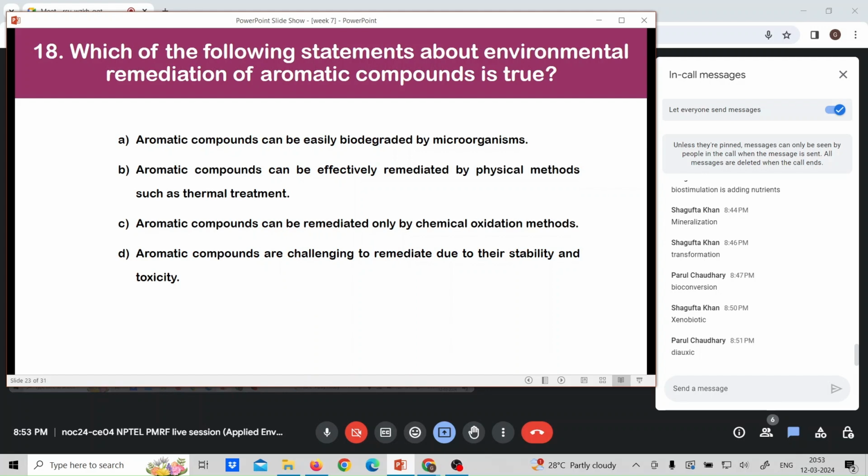Okay, the next question. It's just a variant of the true or false question. I think it looks voluminous, but it's a pretty easy question.